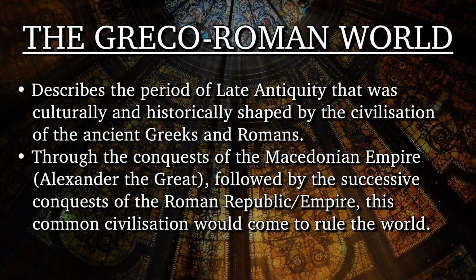This came about, to refresh your memories, through the conquest of the Macedonian Empire under Alexander the Great, where he conquered all of the former Persian Empire and even territories beyond Persia, thereby spreading Greek culture around the eastern portions of the world particularly. This, of course, continued to flourish through what's called the Hellenistic period, which we'll reference later as well.